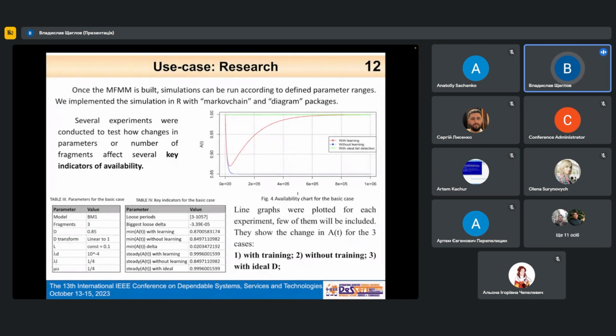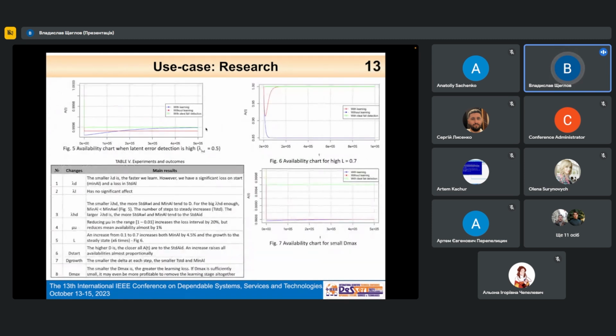When the system is without learning capability, it is worse than the system with learning capability. But at the beginning, you can see this loss in availability. But it is only a basic case. Other cases can vary in their physics.